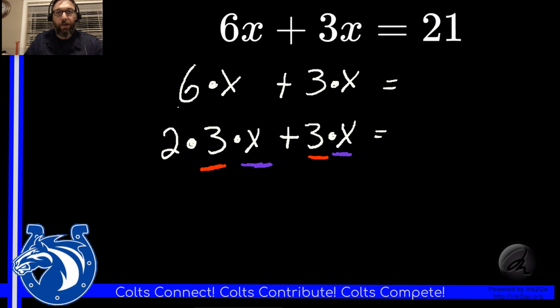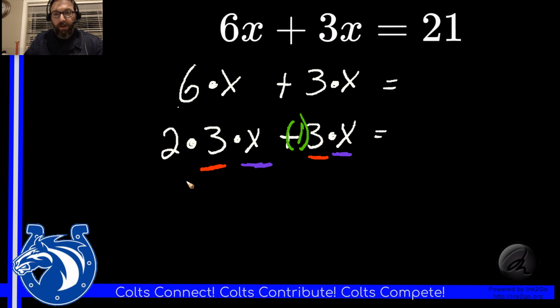Now, an important thing to remember with the distributive property is you never actually eliminate something. There's always a hidden 1 there. All right, so let's try and factor these out. If I can quit selecting my eraser, that would be wonderful. Boom.